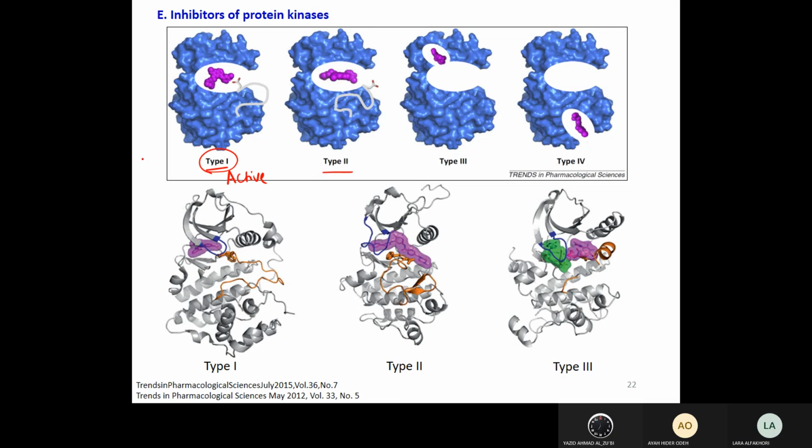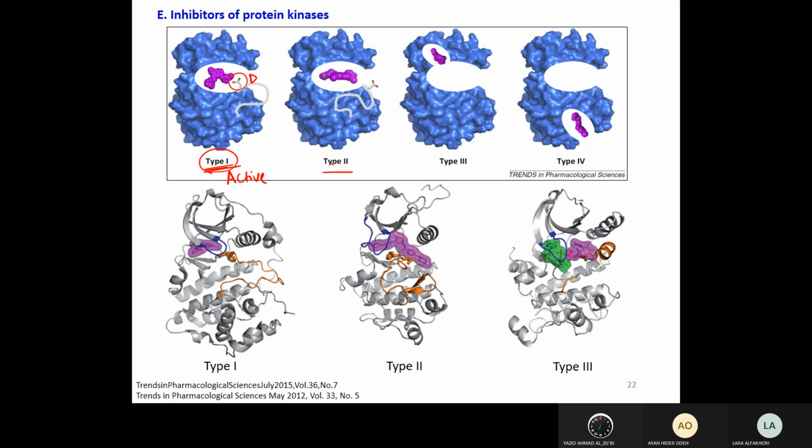Okay. Now لاحظوا هون أنا عندي in this loop the aspartic acid of the DFG motif وكأنها pointing towards the binding site أو towards the active site. Okay, that's characteristic of an active conformation. That conformation fits perfectly what we call or what we consider type 1.